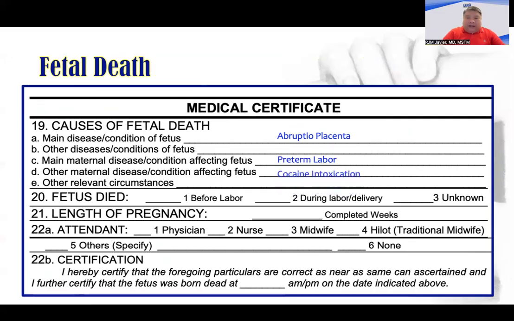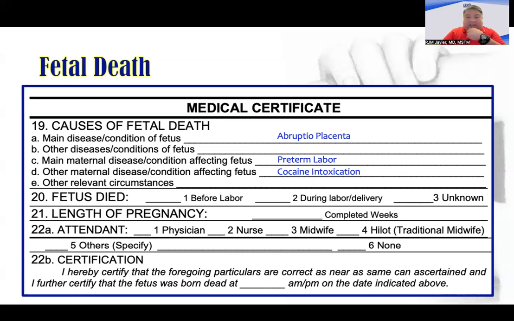And the reason for the preterm labor of the mother is, let's say, she is a drug addict, cocaine intoxication. Sometimes by just putting abruptio placenta, you need not give any other conditions of the fetus. That's already understandable.